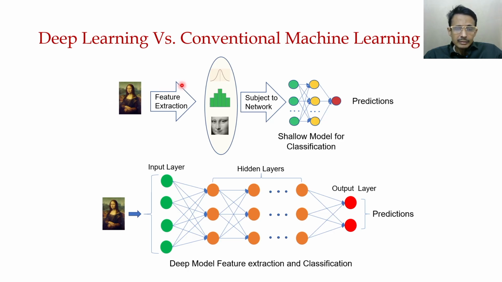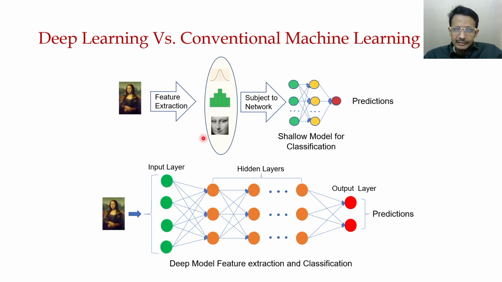Now we extract features. In most cases this feature extraction is manual, it's called feature engineering. These are geometrical features, statistical features, some patch kind of features, whatever. This feature is extracted by a human.